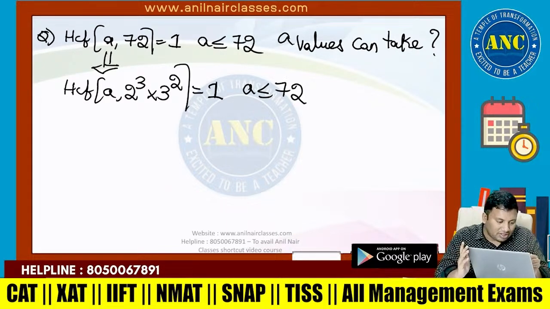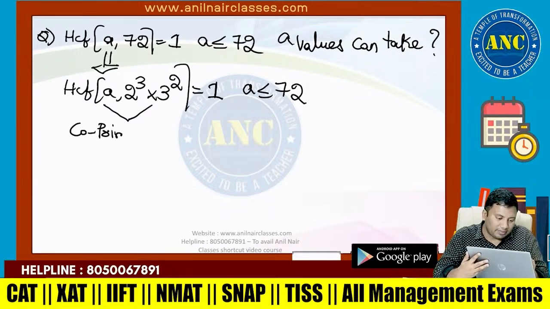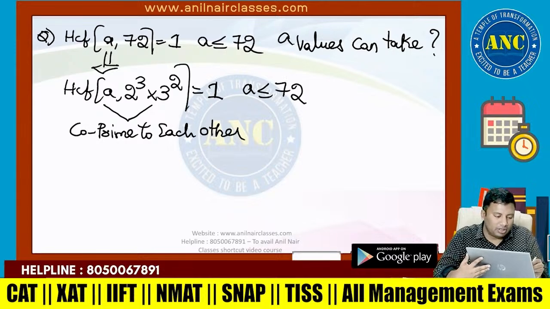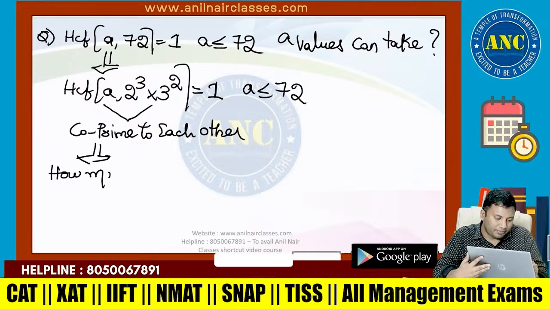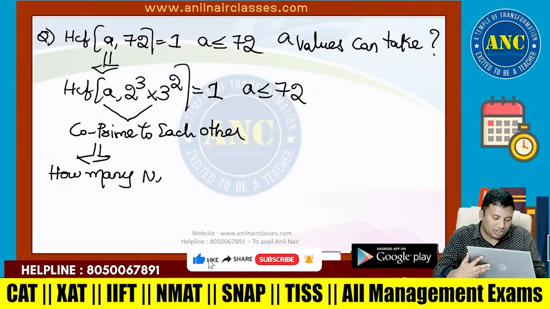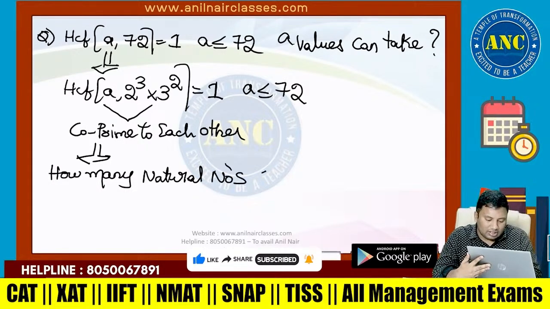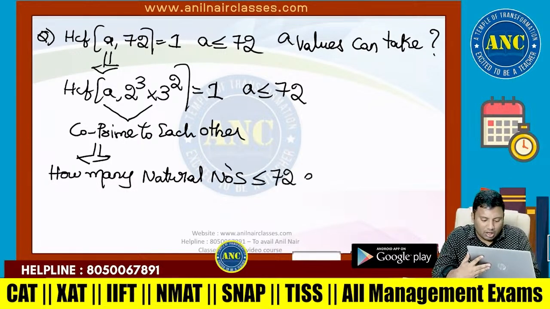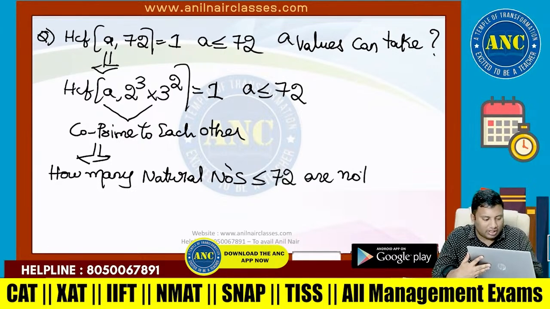Now, if HCF of these two numbers is 1, can I say that these two numbers are co-prime to each other? If they are co-prime, can I also say that the question is like this: how many natural numbers less than or equivalent to 72 are not divisible by 2 and 3?